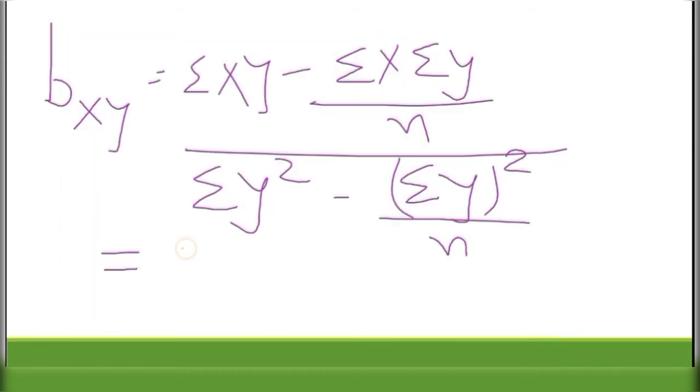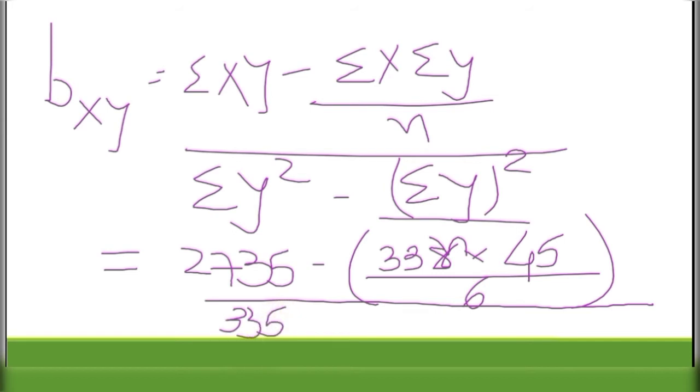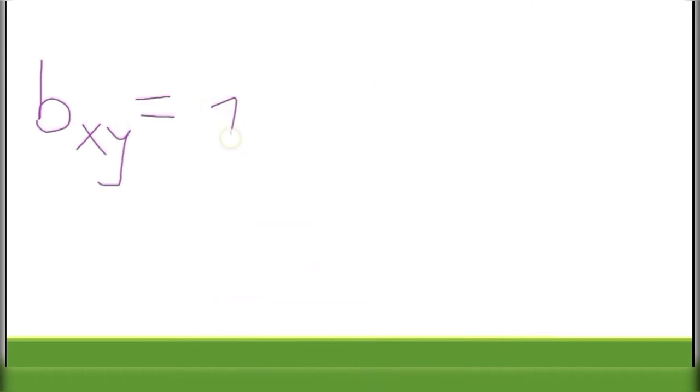So here sigma xy is 2735 minus sigma x into sigma y, which is 338 into 45, divided by n, which is 6, and whole divided by sigma y square, which is 355, minus sigma y whole square, which is 45 square, divided by 6. On solving this, we get bxy equal to 11.429.